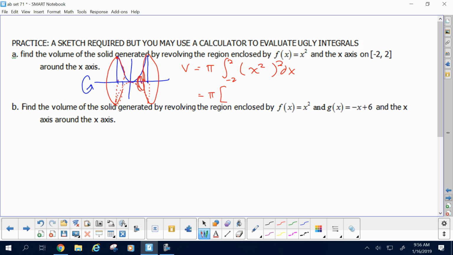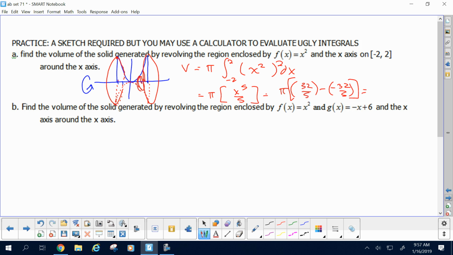Okay. What's the antiderivative of x to the 4th? x to the 5th over 5. So if we evaluate it at 2, what's 2 to the 5th? 32 over 5. Minus what's -2 to the 5th? -32 over 5.